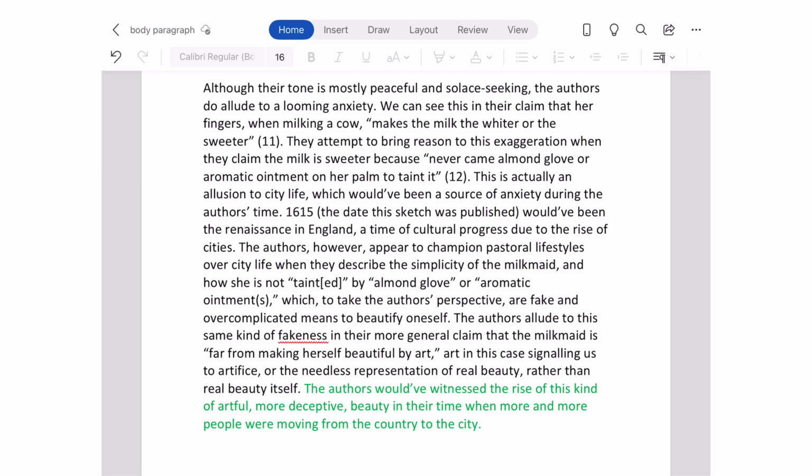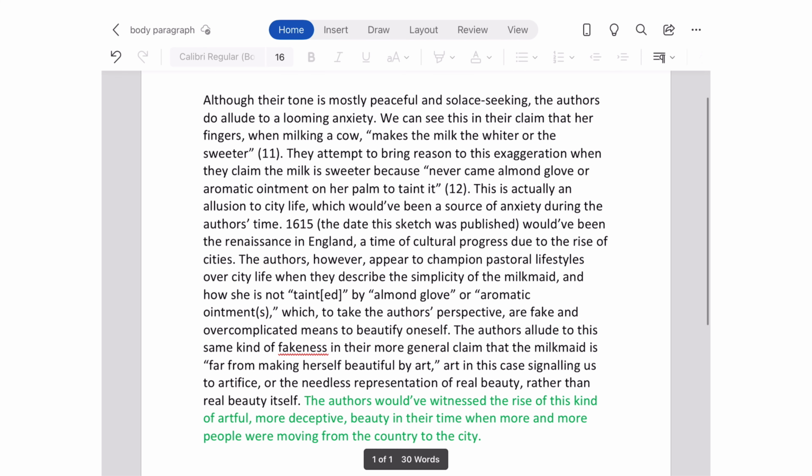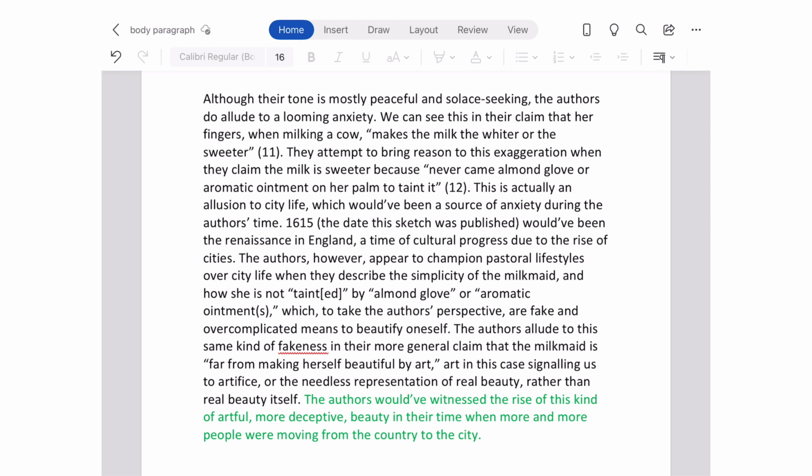Tapping into your awareness of the time period, 1615, your awareness of the context of the text details. You also want to check, do you see a relationship between sentence 1 and your final sentence? So our first sentence was talking about the looming anxiety and how that is putting a bit of shade on that peace and solace-seeking. So now we have tied that.